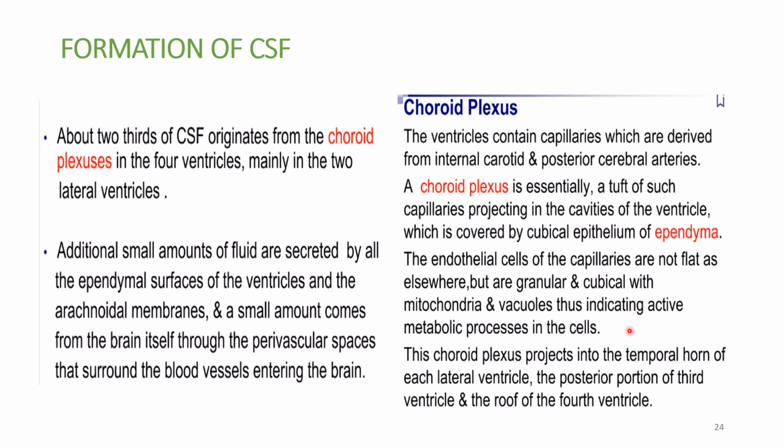These choroid plexuses project into the temporal horn of each lateral ventricle, the posterior portion of the third ventricle and the roof of the fourth ventricle. So where are they present actually? In the 2 lateral ventricles, they project into the temporal horns, and in the posterior part of the third ventricle and the roof of the fourth ventricle.